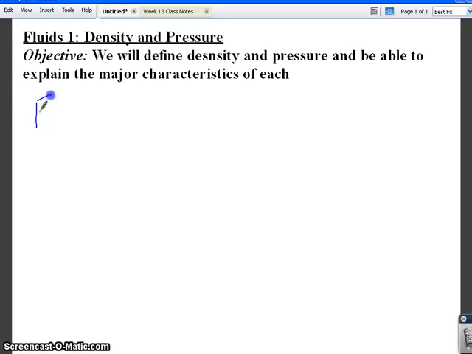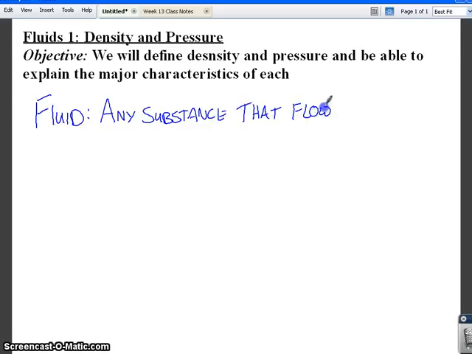A fluid is any substance that flows. Any substance that flows. So really, in general, a fluid is both gas and liquid, or liquids.